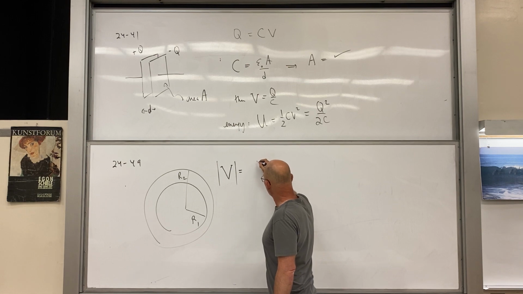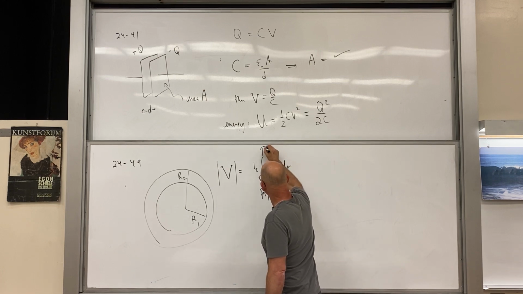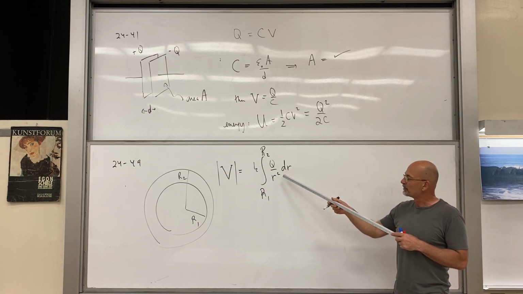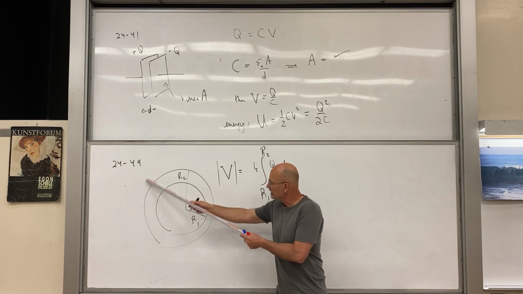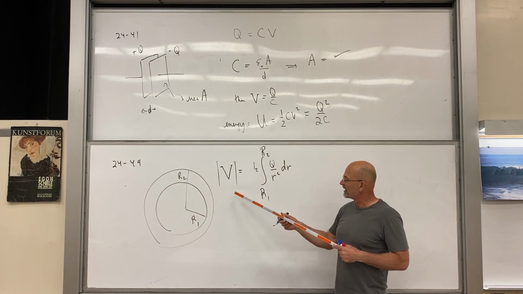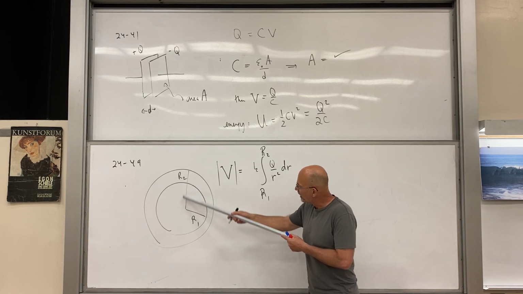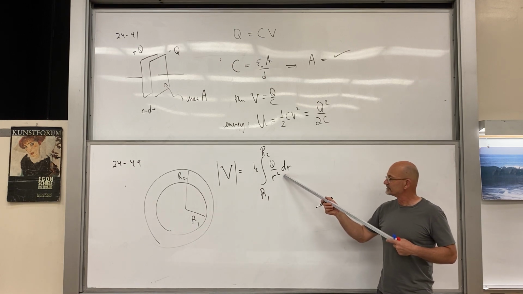So we'll just take that as being K integral Q over R squared dr from R1 to R2. Because what is that? That's the E field of a point charge. Say you have a positive charge here and a negative charge on the outside. Actually, it doesn't matter. Either way, as soon as you're between R1 and R2, you're just looking at the field of a point charge.